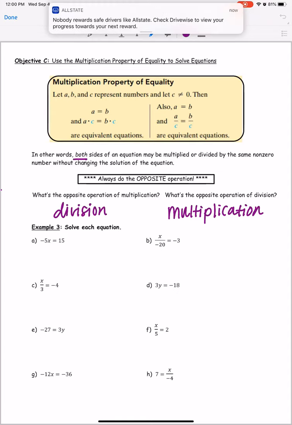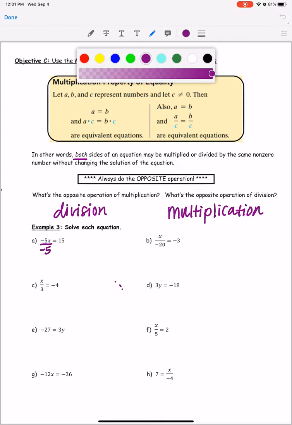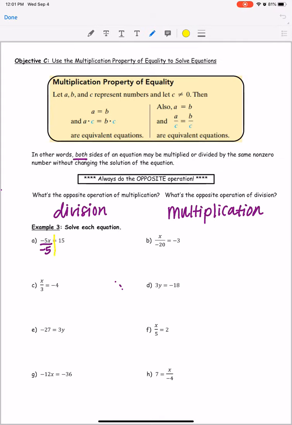The opposite of multiplying is dividing. So I'm going to divide by negative 5. And what I do to one side of this equation, I am then going to do to the other side. So negative 5 divided by negative 5 is 1.